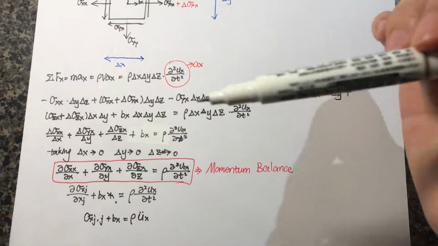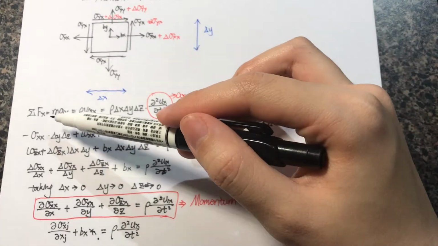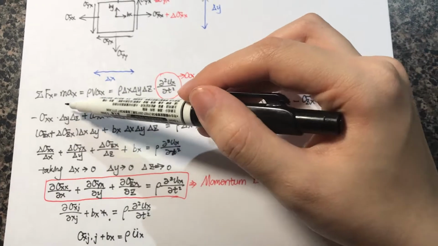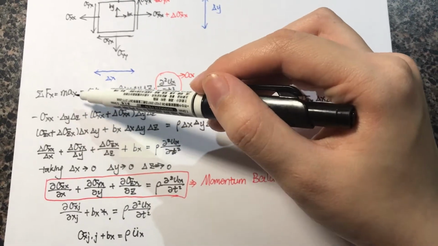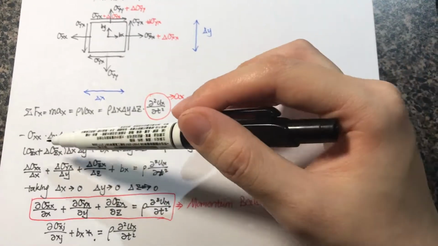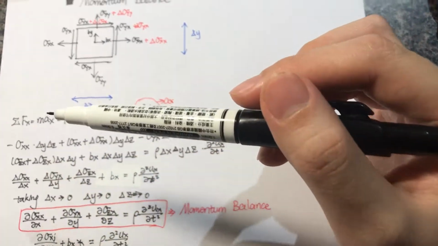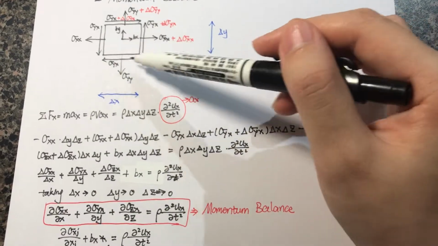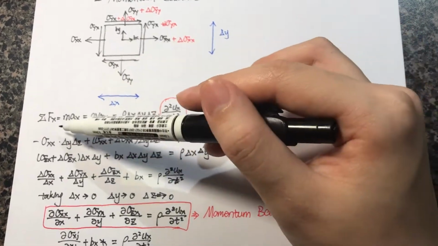Okay, so we can apply Newton's second law here, which is sum of Fx equals m times ax. For this one, we only focus on the face that is normal to the x-axis.